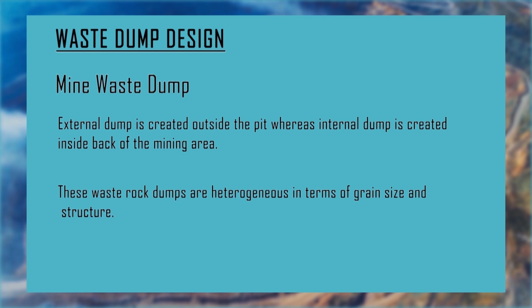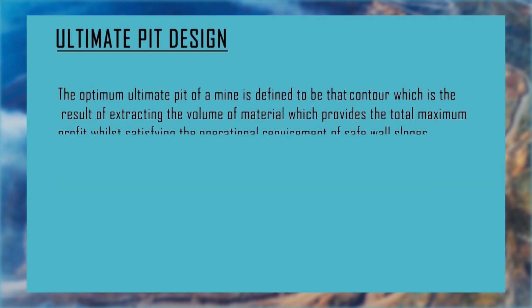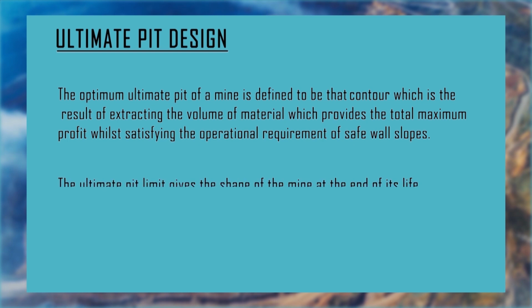Now, come to ultimate pit design. This is the final pit design: the contour which is the result of extracting the volume of material which provides the total maximum profit while satisfying the operational requirement of safe wall slope. The ultimate pit gives the shape of the mine at the end of its life.